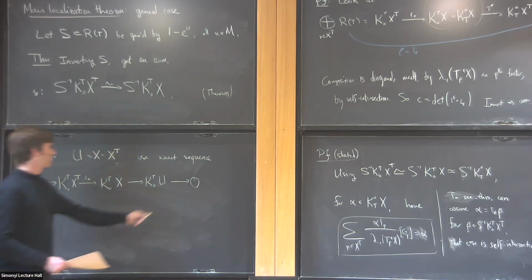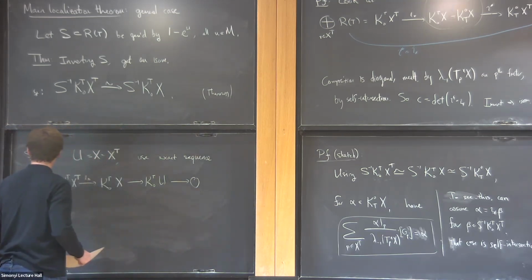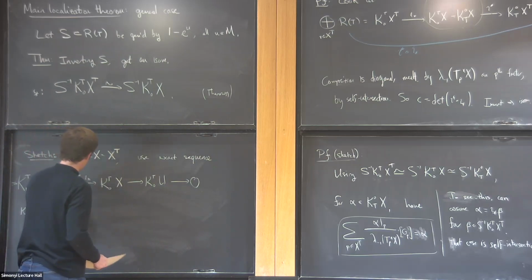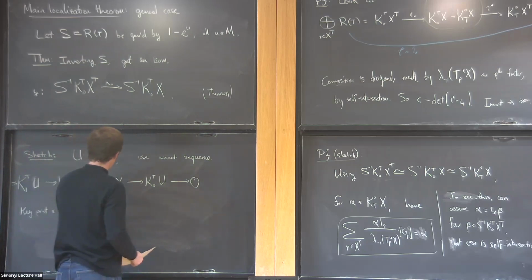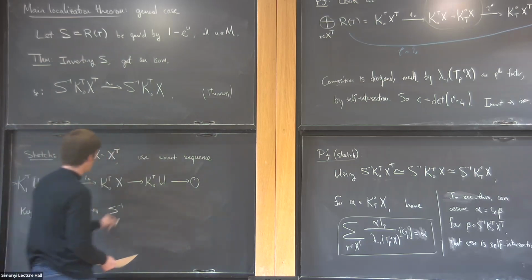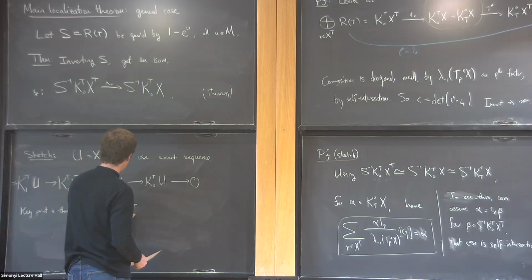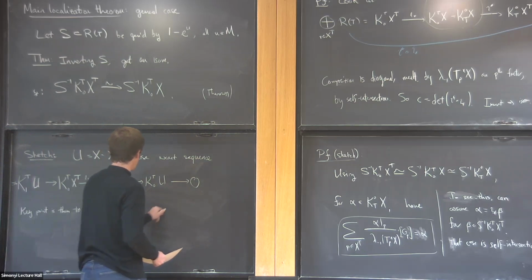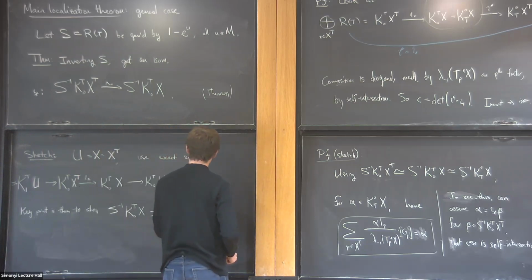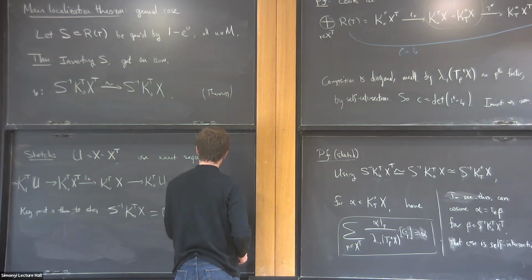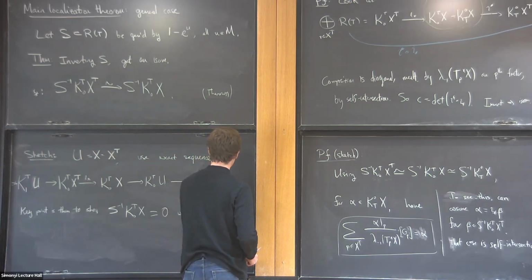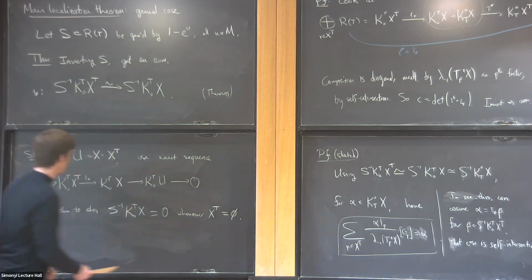The key point is to show that when you localize at something that has no fixed points, you get 0, right?